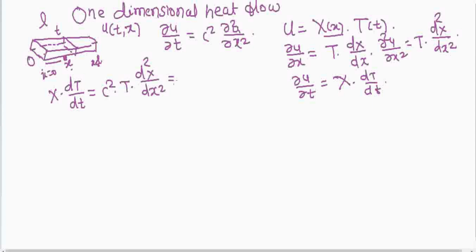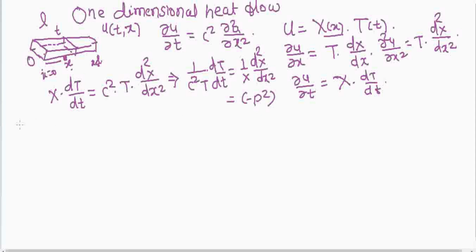Now separating the variables, we have 1 divided by c square T into dT by dt equal to 1 divided by X into d2X by dx square. Now we equate this with minus p square.